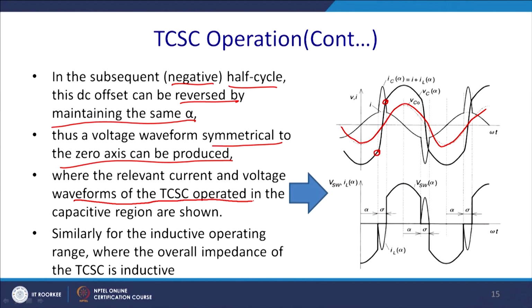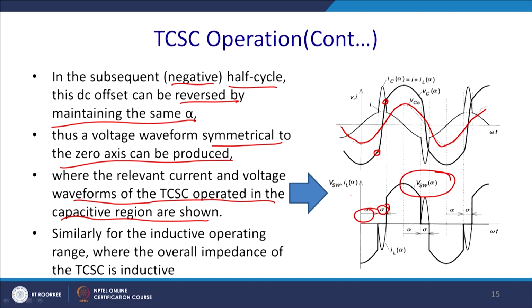The relevant current and voltage waveforms of TCSC operation in the capacitive region are shown. So, this is the alpha and this is the conduction angle sigma. See that, and this is basically the voltage across the switch, and this is the switch and I alpha.